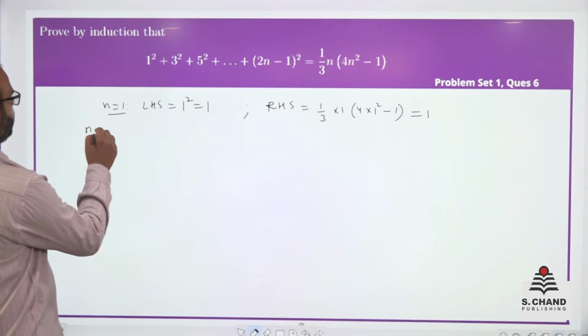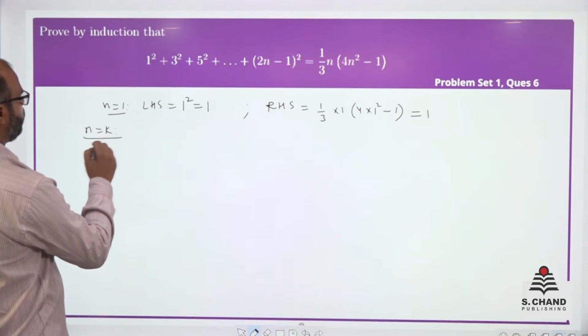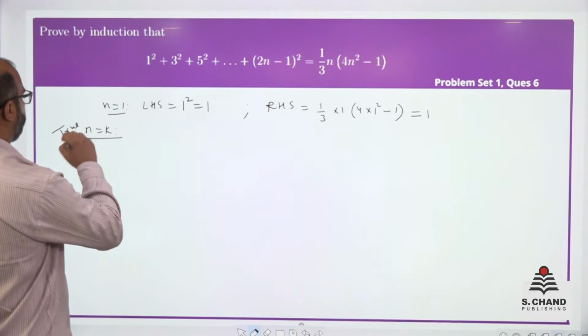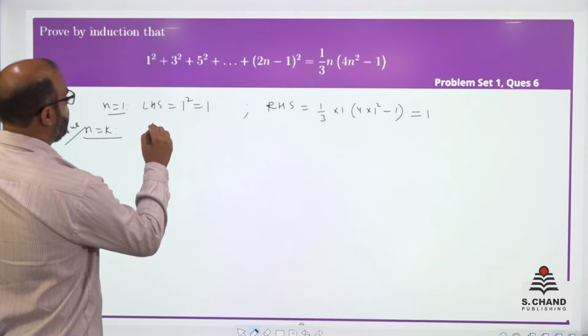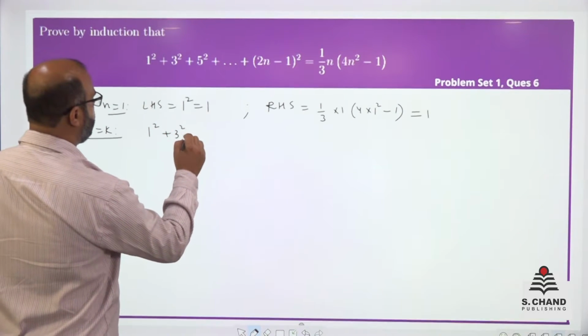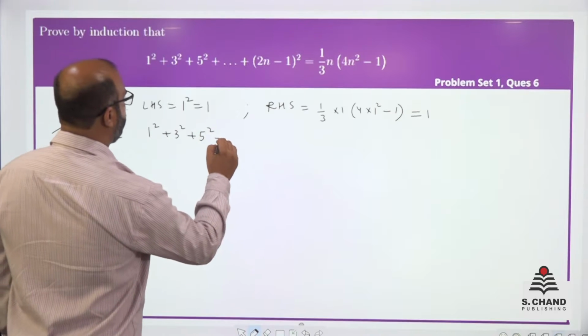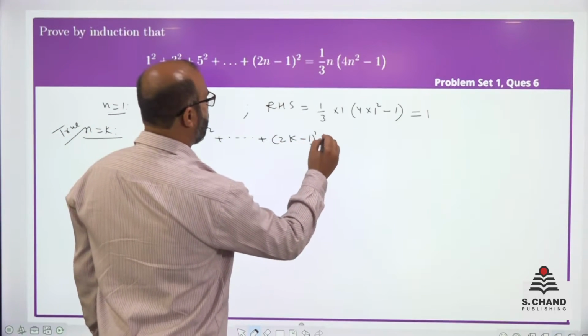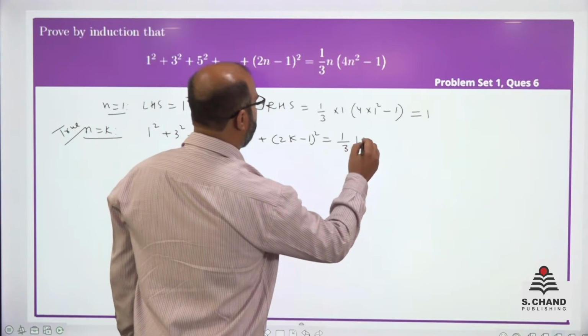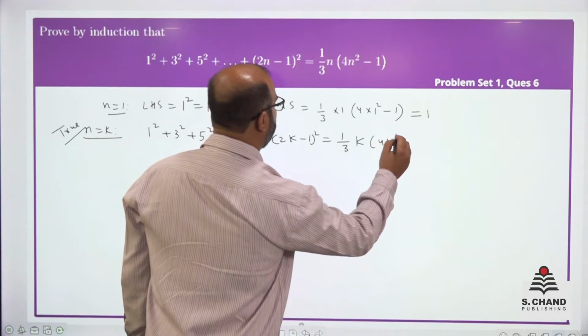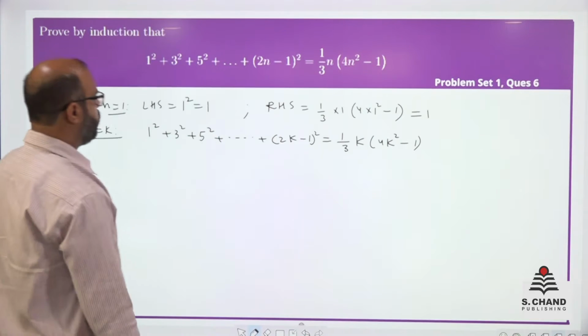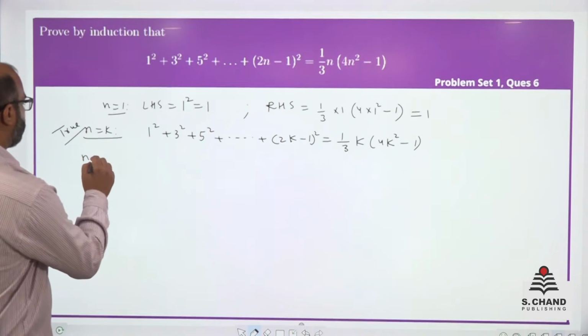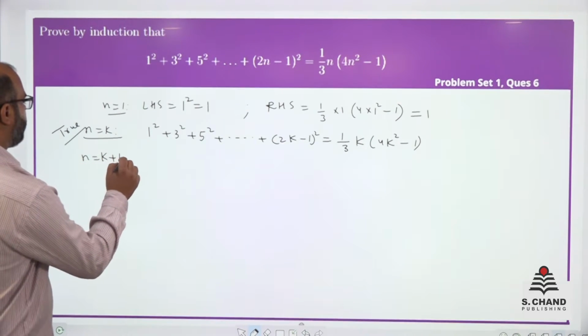Let us assume that it is true for n is equal to k. That means 1 square plus 3 square plus 5 square till (2k minus 1) whole square is equal to 1 by 3 k into (4k square minus 1). It is true. Now for n is equal to k plus 1, we need to prove it.